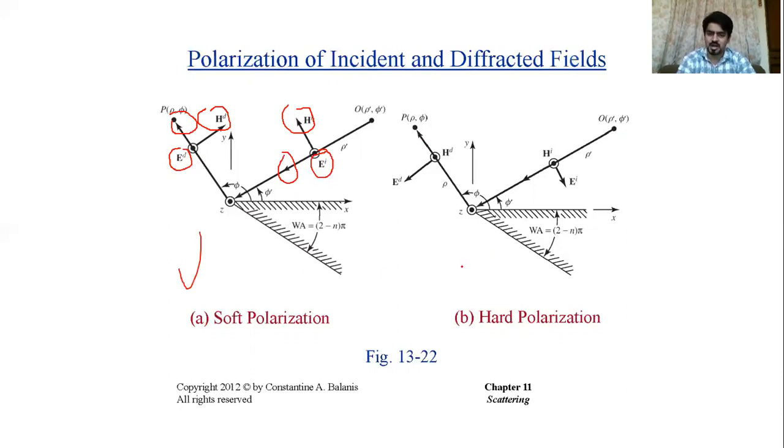Similarly, for hard polarization, now your HI is going to be along the z-axis, parallel to the edge of your wedge, TE to Z polarization, right? And for HD, we will again assume that it is in the same direction. The diffracted H field is also in the same direction.